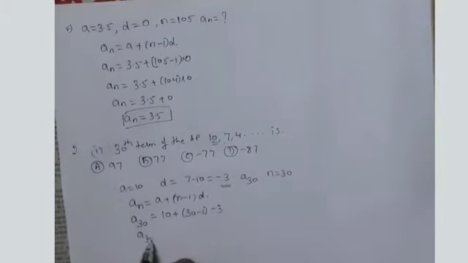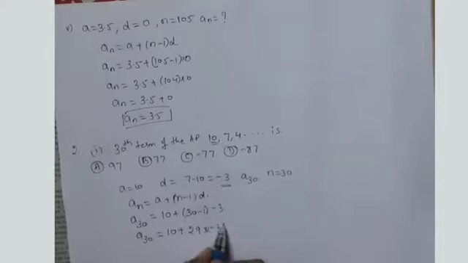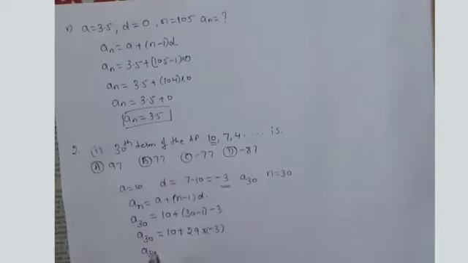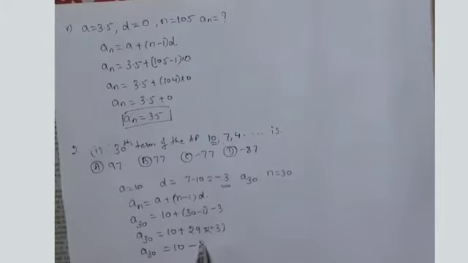So therefore a30 will be equal to 10 plus 30 minus 1 is 29 into minus 3. So a30 will be equal to 10 plus, into minus is minus, 29 into 3 gives us 87, which is equal to 10 minus 87.